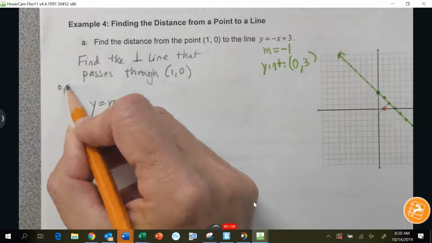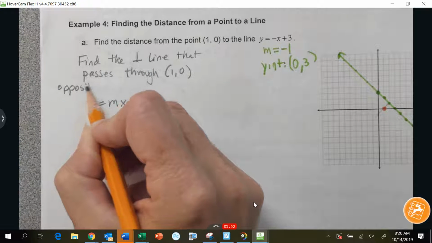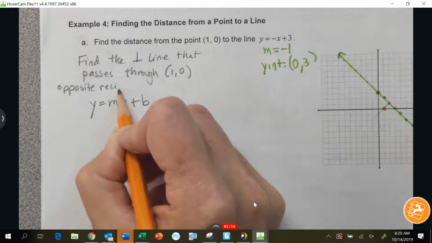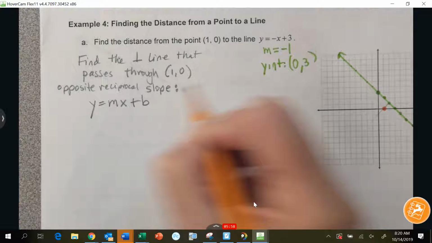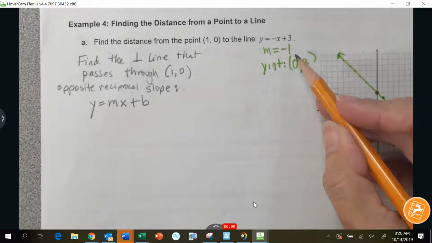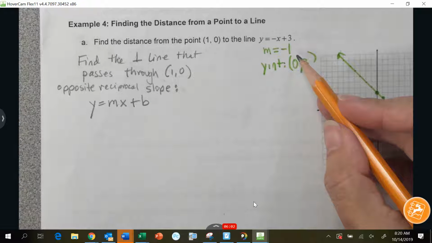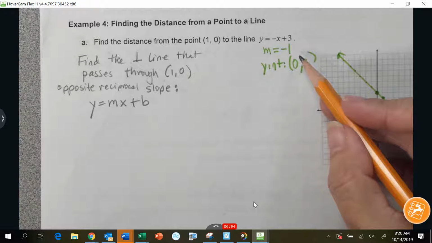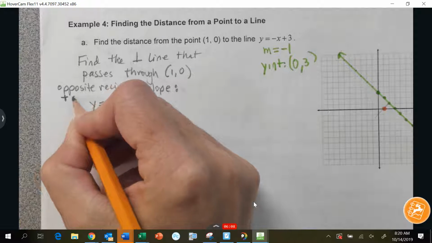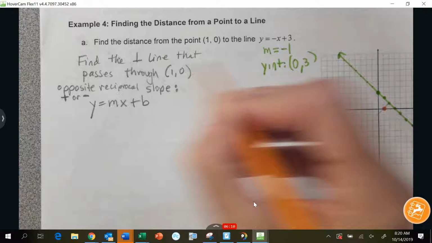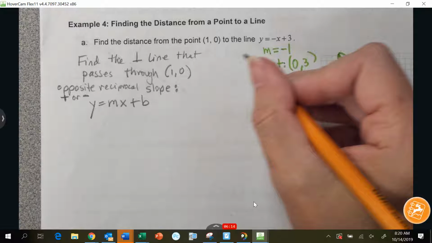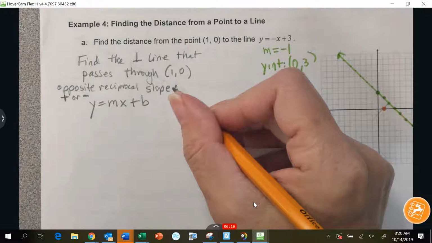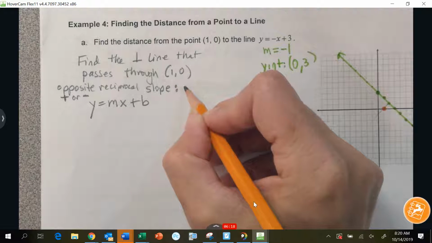So we need the opposite reciprocal slope. So the slope of this green line is -1. I need the opposite of that, and I need to reciprocate it. Opposite means plus or minus. So if this one is minus, my opposite reciprocal slope is going to be plus. You can write it, or you could just not write it.